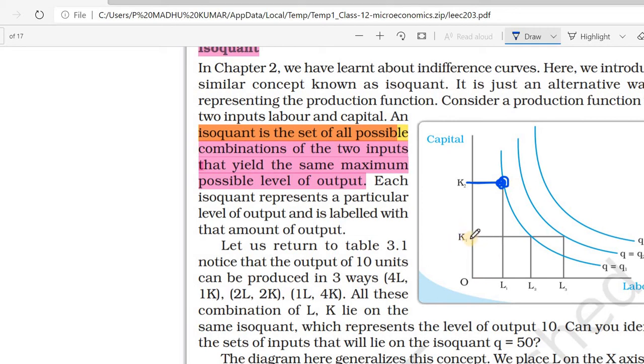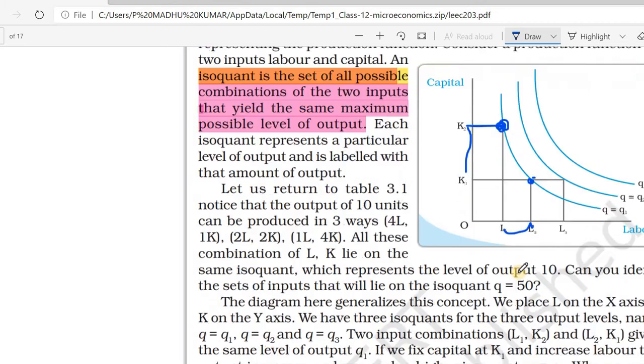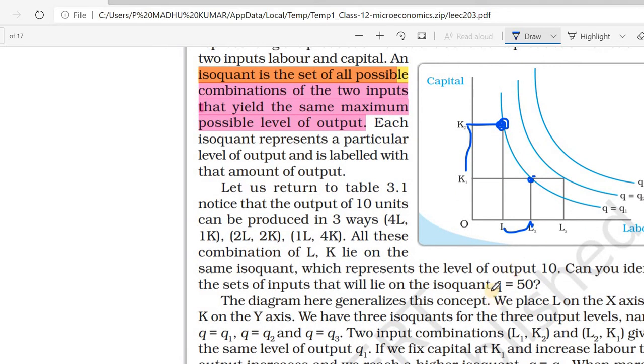Otherwise he can choose K1 of capital and L2 of labor. This means he is leaving this much capital and spending that money on labor. Then he can produce this much quantity, but all these points give equal production, meaning the same quantity.